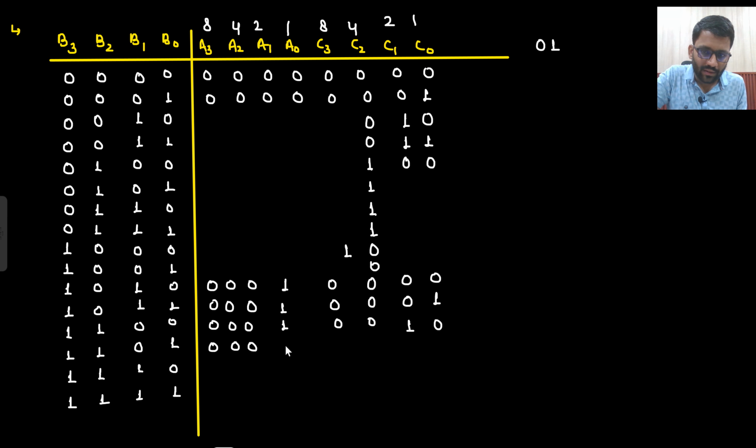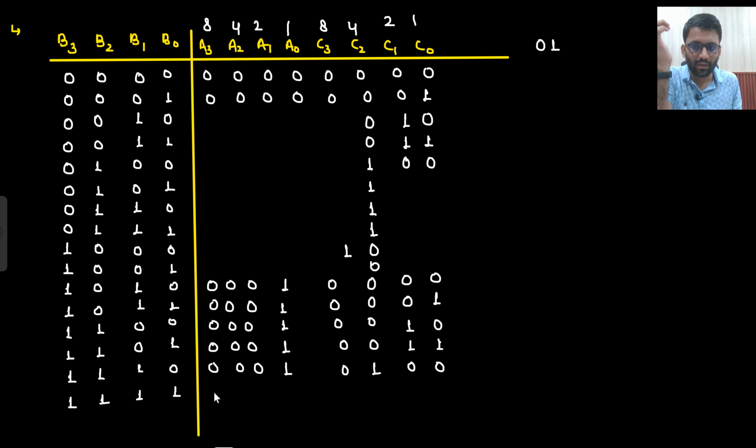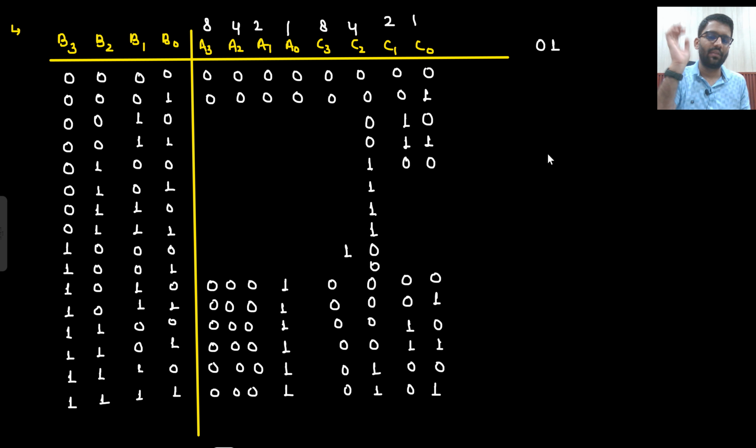Here 13, this is 1 and this would be 3. 14, this would be 1 and this would be 4. And what about 15? This would be 1 and this would be 5. So those are all the minterms.